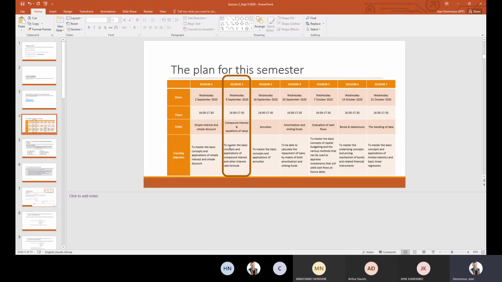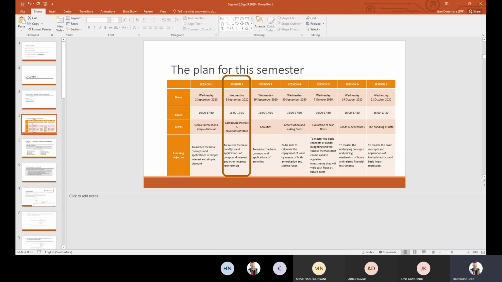Let's look at other interest rate formulas, and then next week we will start with looking at some of the annuities. The week after that there's a bit of a break because of a possible long weekend with Heritage Day. And then the week after, we'll go into the sinking funds and amortization.